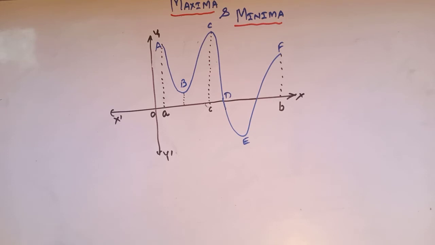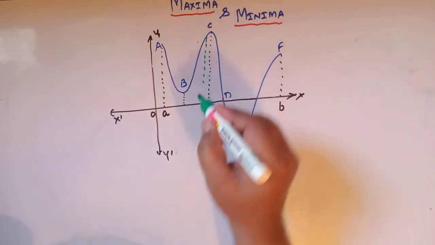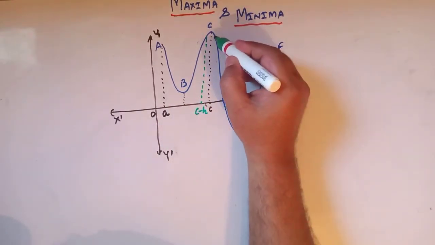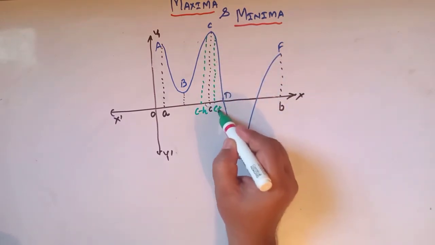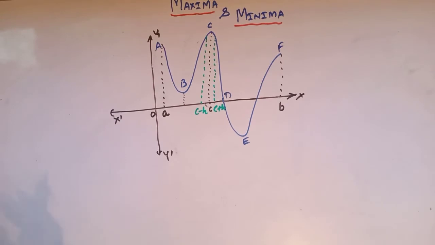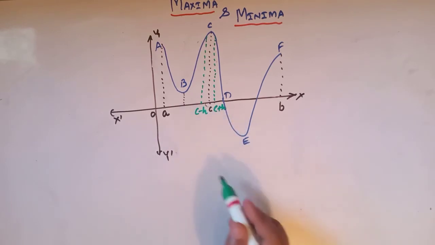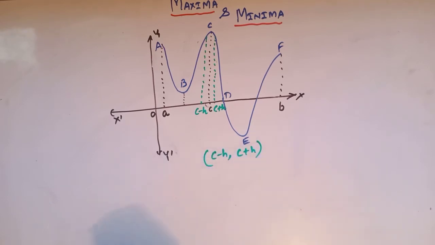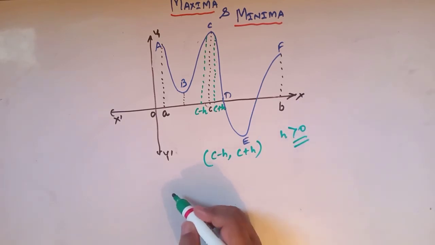So let us take the two points. Here this is, say, point C minus H, and here I am taking C plus H. So the explanation is the same as we have just discussed, and again we have created an interval, C minus H to C plus H, and H is a very small quantity, but it is greater than 0.